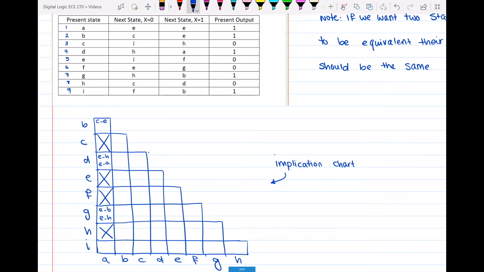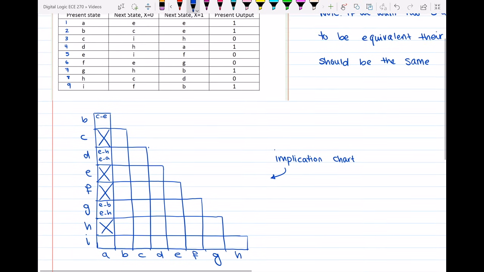Then A and I, which is the first and last row, have the same output, so if their next states are the same or equivalent, we can say that A and I are equivalent. So there will be E, F, and E, B. All right, so we fill out one column of this implication chart.